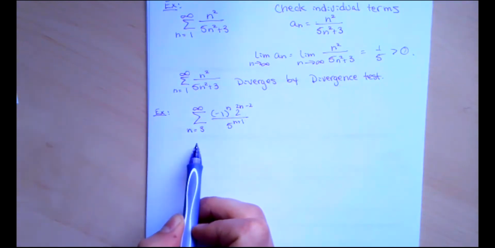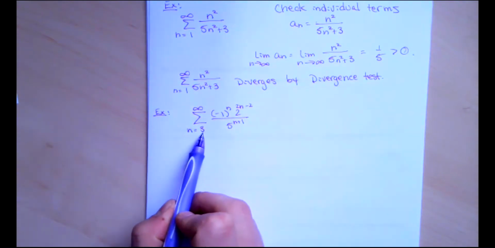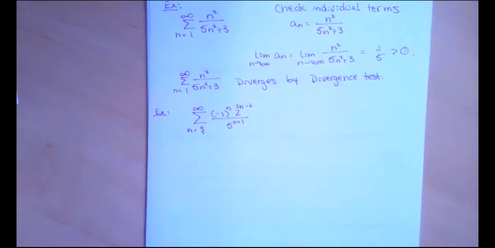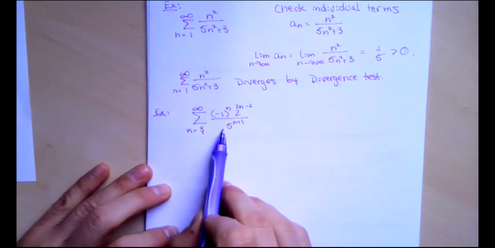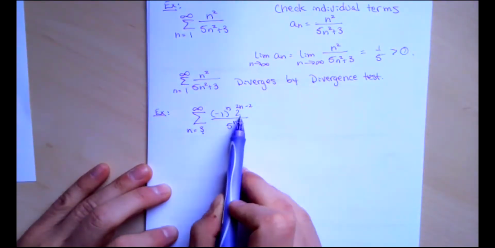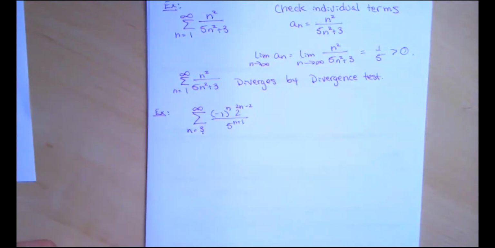It's like, let's forget about those terms and just start later in the sequence. I'm still adding up an infinite number of terms, and whether or not adding those infinite terms will converge or diverge still only depends on the rate of decay, on that r value that we get.